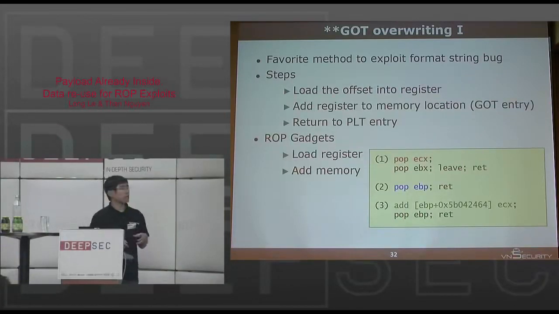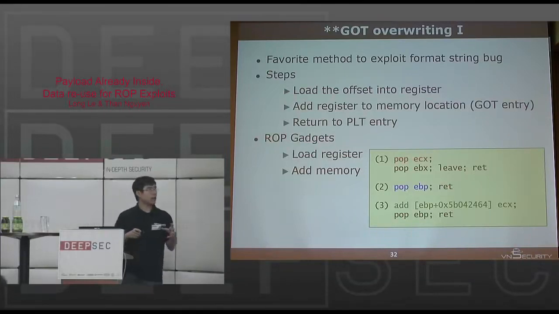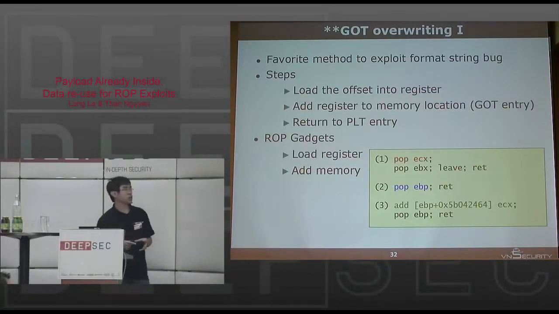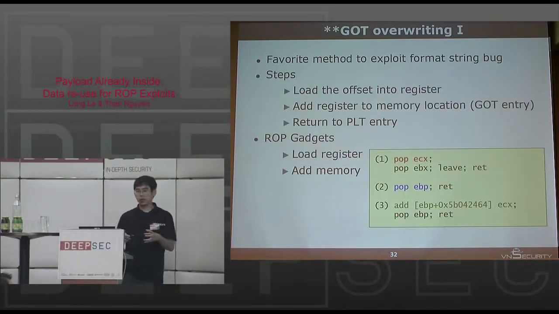The steps are: we load the offset into a register and add that value to the memory location which is the GOT entry. Let's say you want to resolve the address of system in the libc.